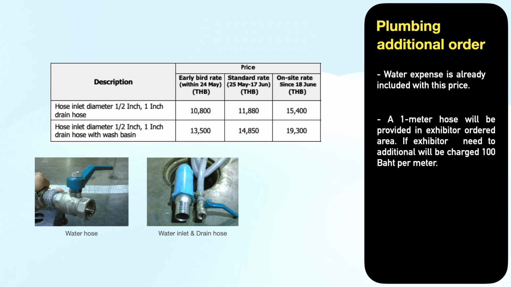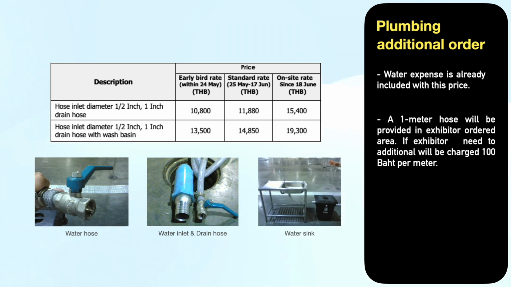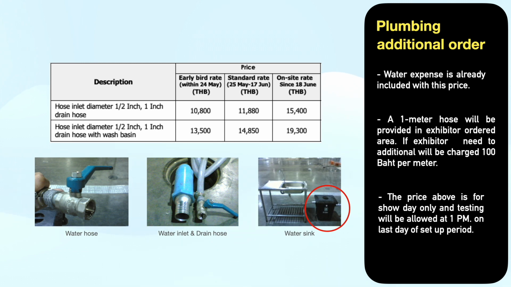Additionally, you can reserve the water basin for washing purposes, which will come with the grease trap. It is mandatory that you take personal responsibility for wastewater drainage, using the grease trap or removing any debris before discharging the wastewater into the drainage system. This is the regulation of the facility venue.